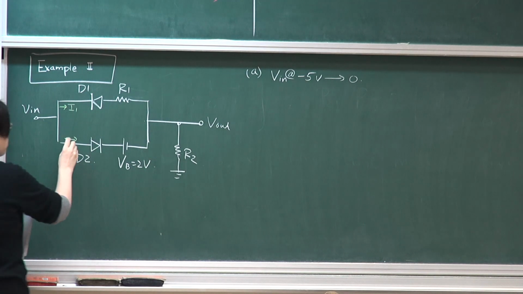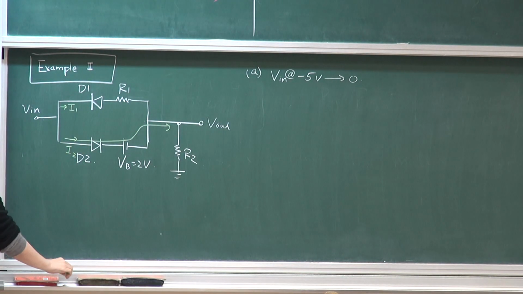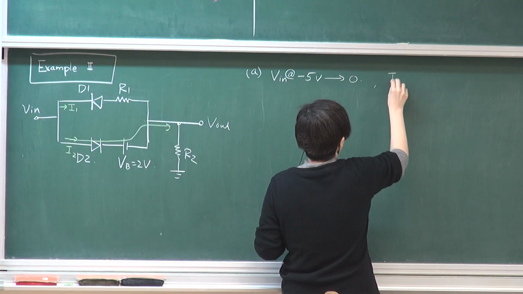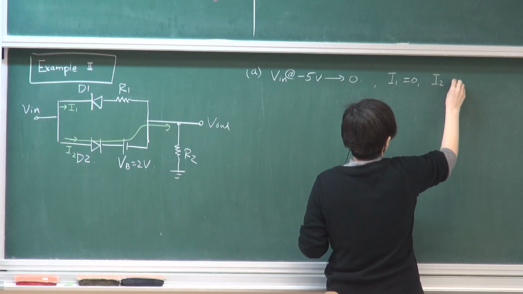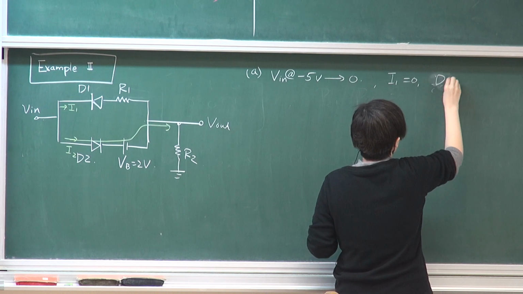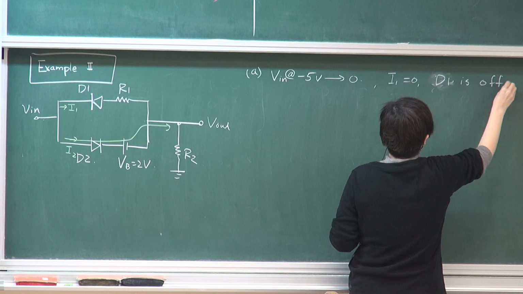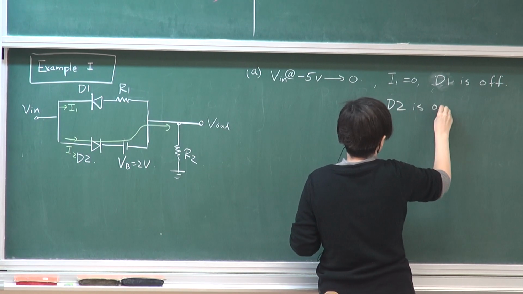So the current will be flowing in this direction by supporting by this branch. So when it's more negative, you're assuming that I1 is 0, I2 is on. I should say D2. When D1 is off. And we're assuming that D2 is on.